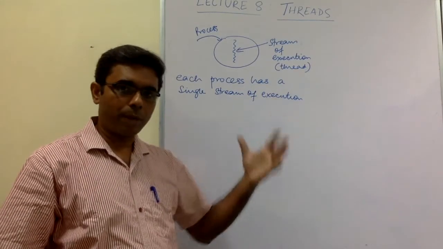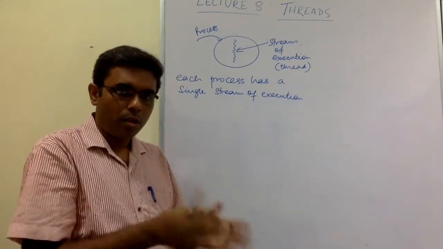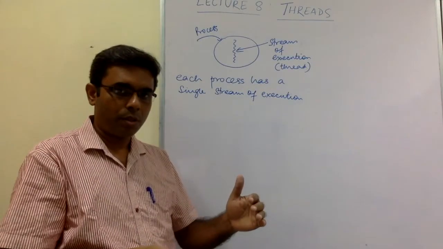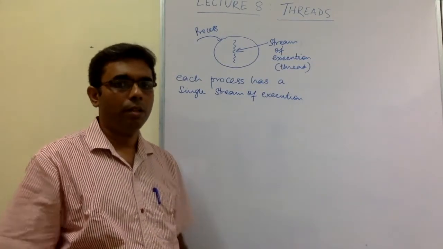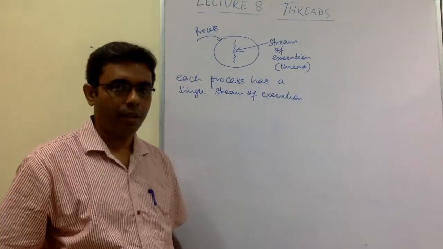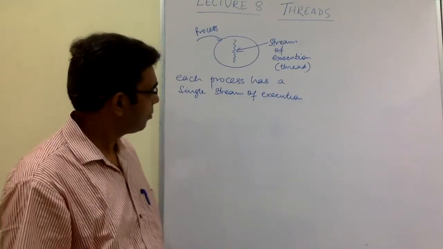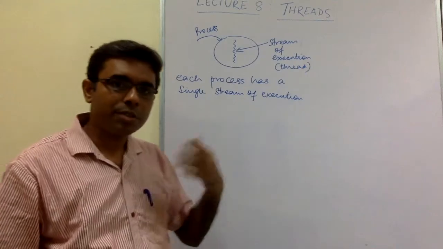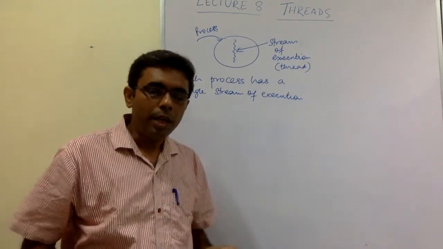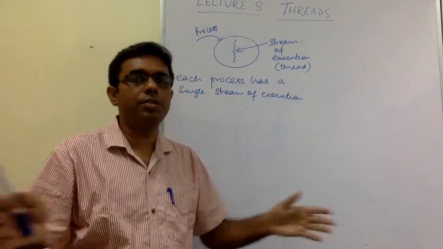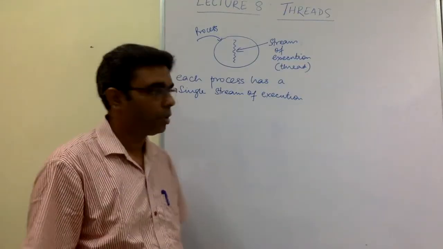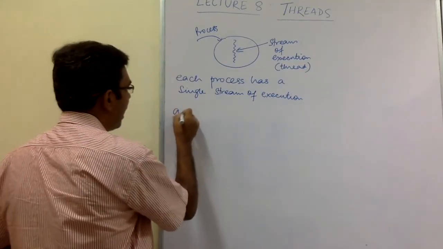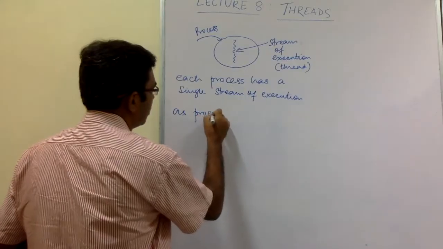So let's go back to that web server. The web server process by default has one single stream, or one single thread, that needs to be executed. So this is what happens when the process starts. But as the process starts executing, it can give rise to multiple such streams of execution.